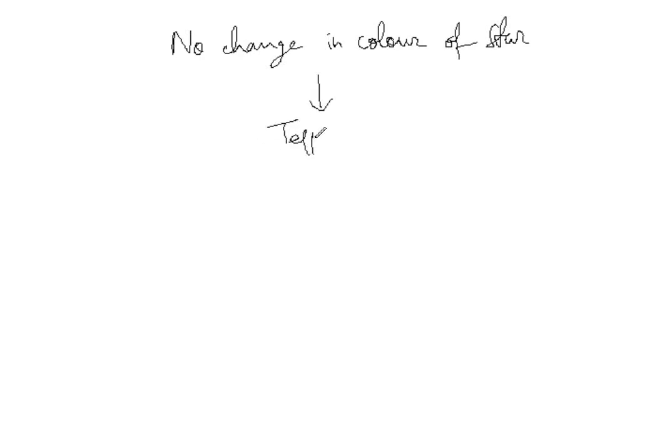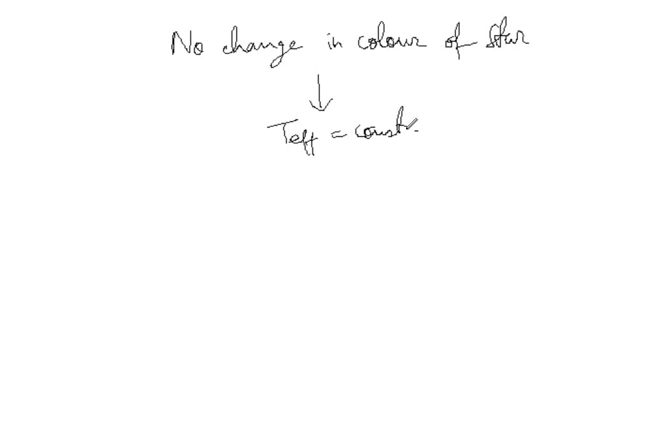So no change in color of the star means T effective remains constant for the star.